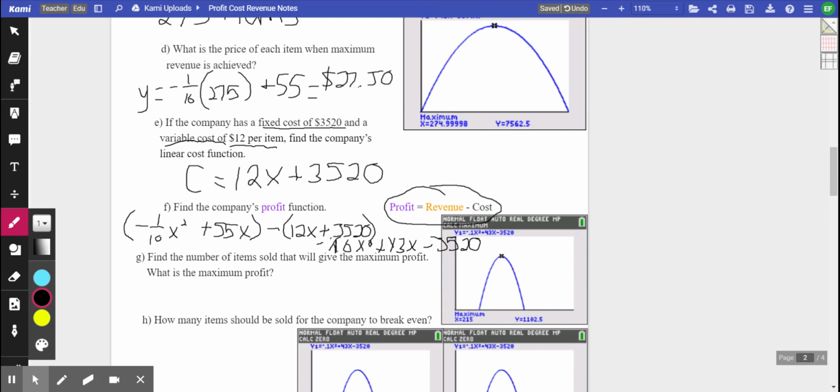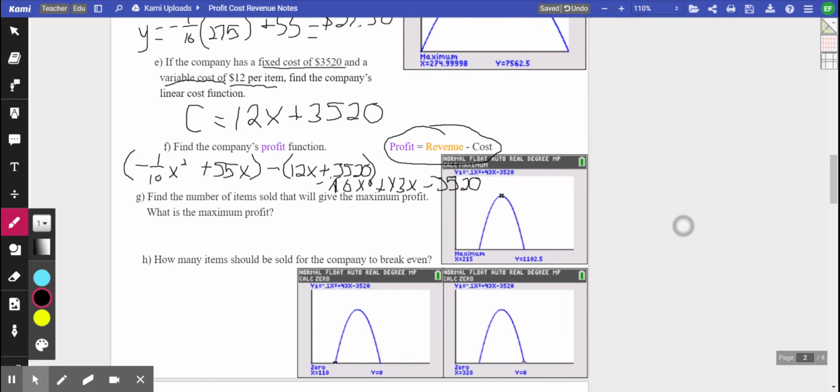So next step, we want to find the number of items sold that give the maximum profit. So I'd gone ahead and plugged that profit function into my calculator. And again, I'm looking to maximize profit. So I calculated my vertex, my maximum. Then it's just a matter of translating what it means. So my maximum is located at 215, 1102.5.